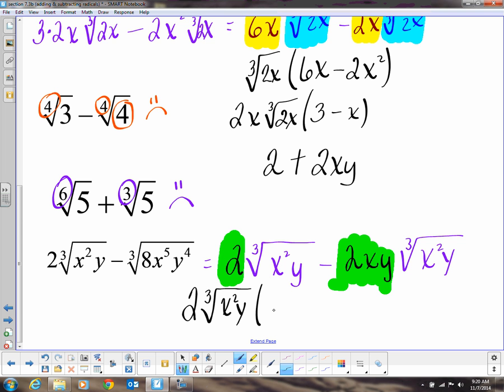What if it was just 2 cube root of x squared y plus 2 cube root of x squared y? Yes, you could add those. That's 4. So I've really written some really nasty, ugly, dead-end problems, shall we say.